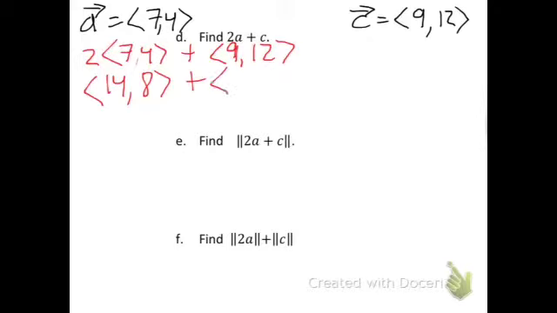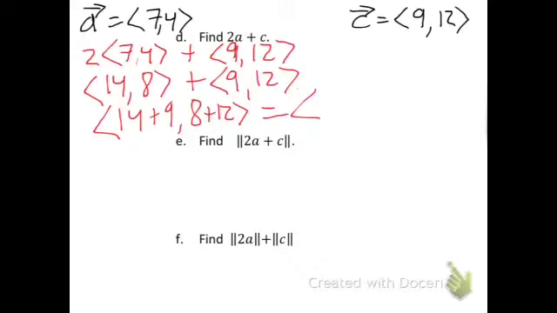So 2a plus c is 14, 8 plus 9, 12. To do that, you should combine components that are similar. So 14 plus 9, those are the x components. You have to do 8 plus 12, those are the y components. If you do that, you're looking at 23, 20 as your total.